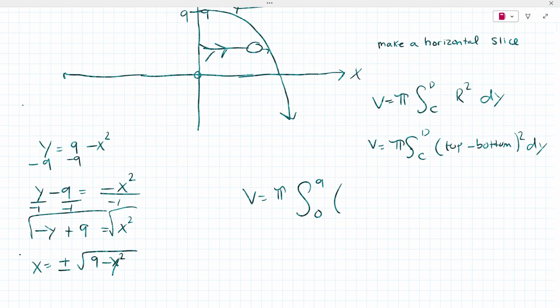So this square root graph was originally y equals 9 minus x squared, but because we have to put it in terms of y, we solve for x. Now it can also be expressed as square root of 9 minus y, right? And then it's minus 0 squared dy. Okay.